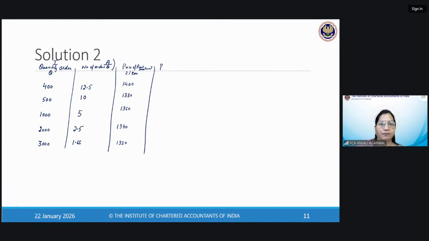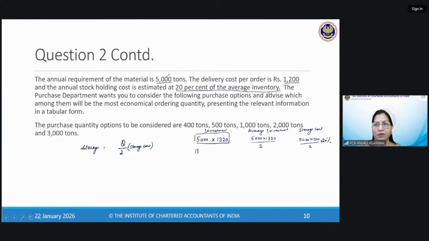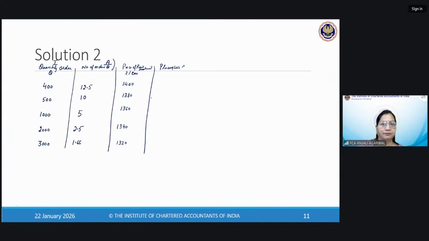First column, placing cost. What was the formula? Number of orders multiplied by cost of placing one order. And cost of placing one order is given as 1,200. Twelve and a half into 1,200, 5 into 1,200, 2.5 into 1,200, and 1.66 or 1.67 into 1,200. Round off to 2 decimals.